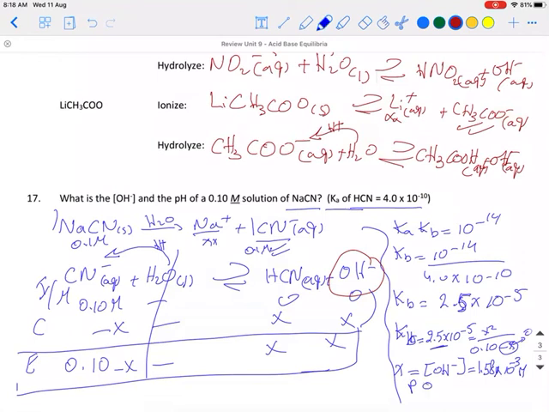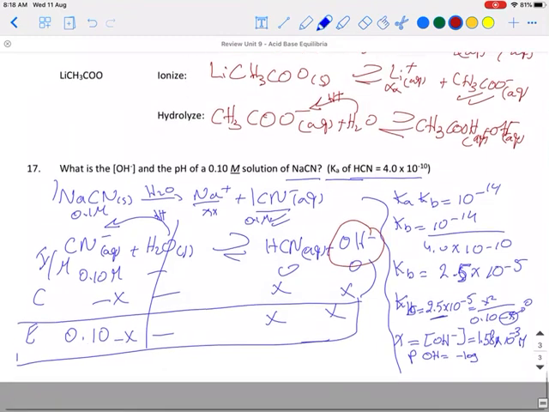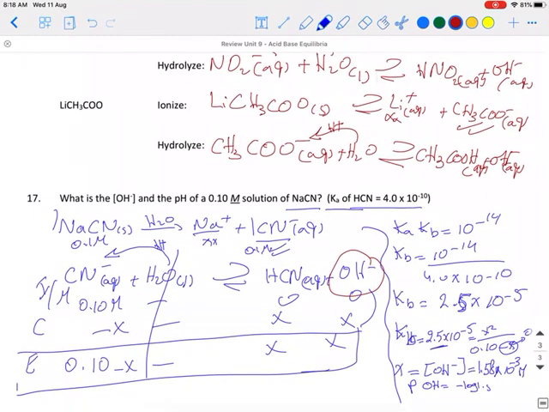Like this, I will be able to find the pOH, which is negative log OH minus. So negative log 1.58 times 10 negative 3, and the value for pOH after calculation is 2.80.